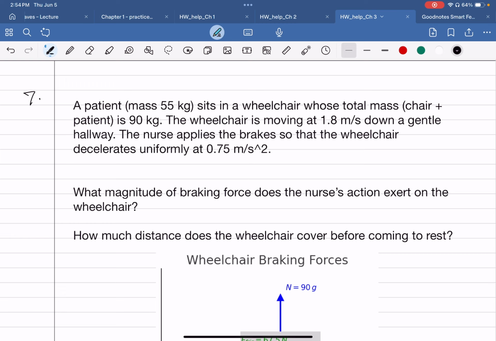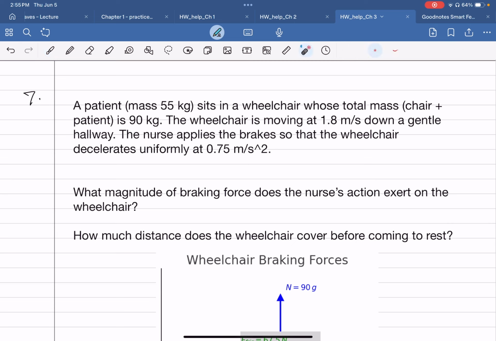The wheelchair is moving at 1.8 meters per second down a gentle hallway. The nurse applies the brakes so that the wheelchair decelerates uniformly at 0.75 meters per second squared. What magnitude of braking force does the nurse's action exert on the wheelchair?